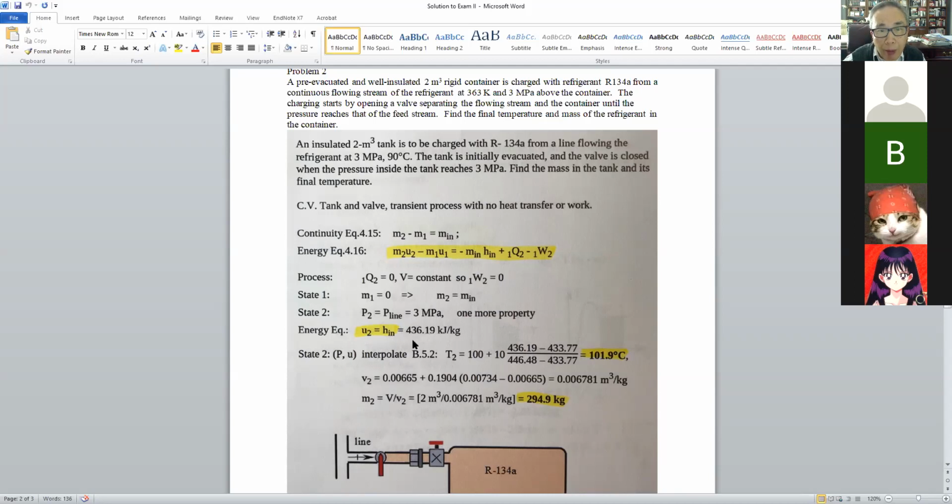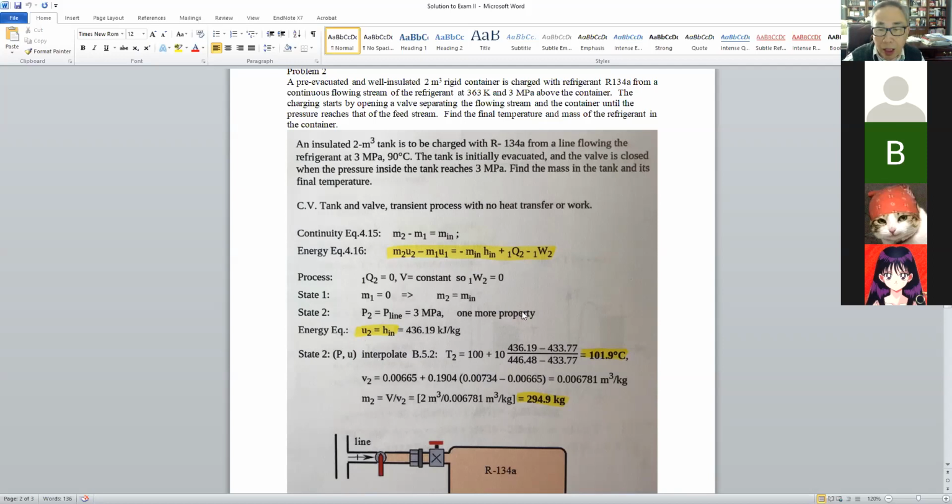Okay, I got you. So then we go to the table to find the temperature where U2 is at this number and P is at 3 megapascal. So you find two temperatures within this range. You can do linear interpolation.